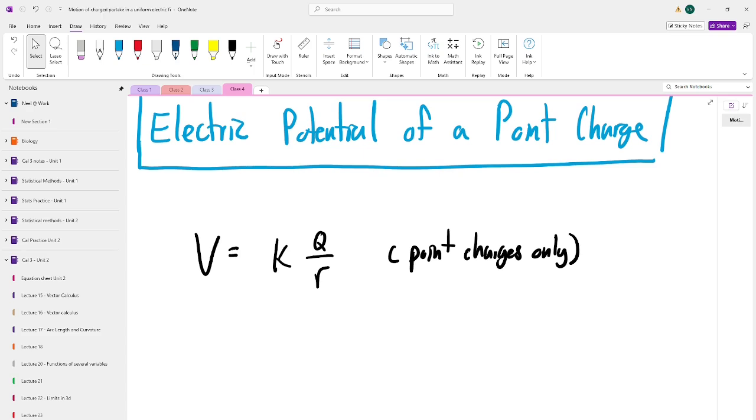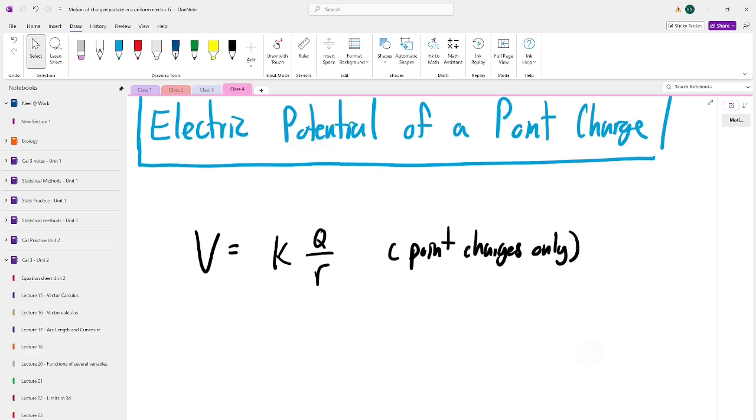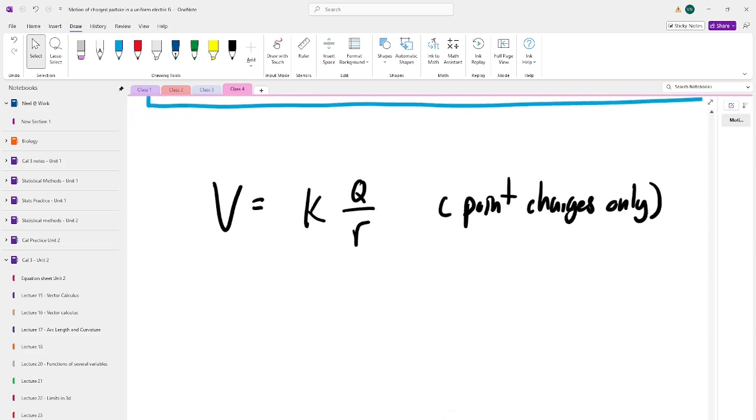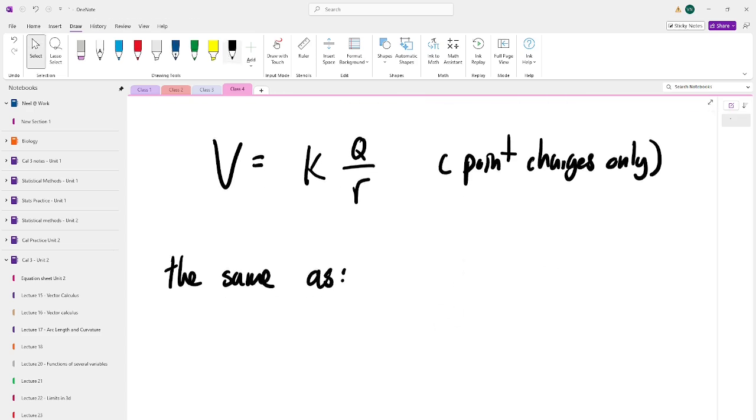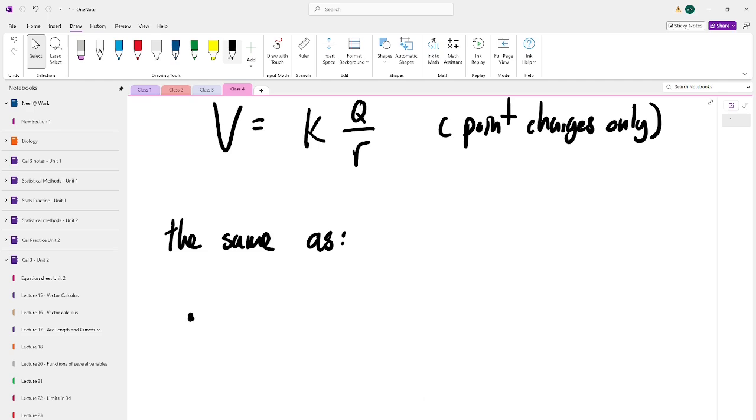The reason I'm saying this is just because it might come up in a multiple choice question or something. So you just need to know that. Again, this can mostly just be memorized.